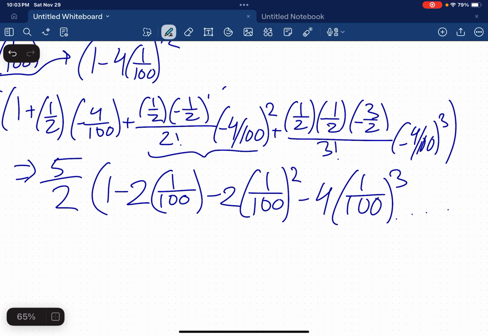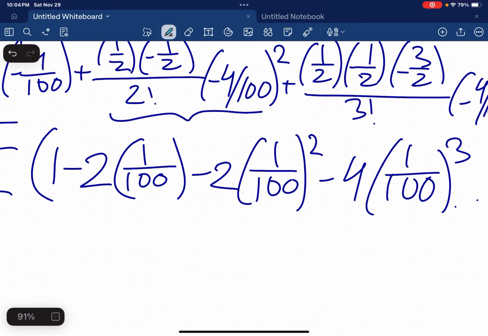Now, I don't know how long it wants us to go for. I'm going to stop right here. And then from here, you're going to have to plug this into a calculator. And since it's at 5 decimal places, you'll end up getting 2.44949.